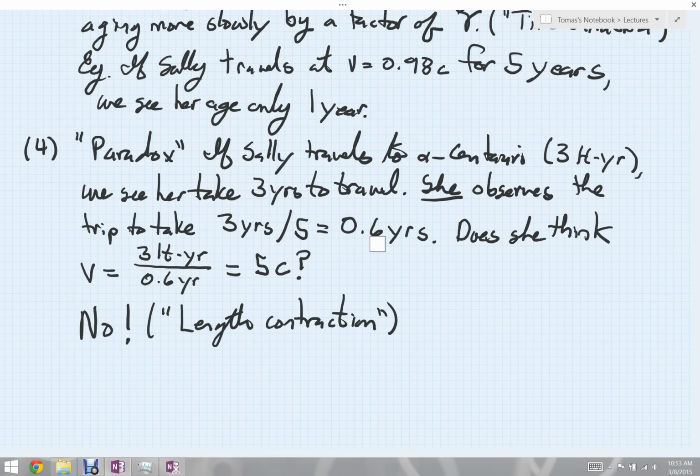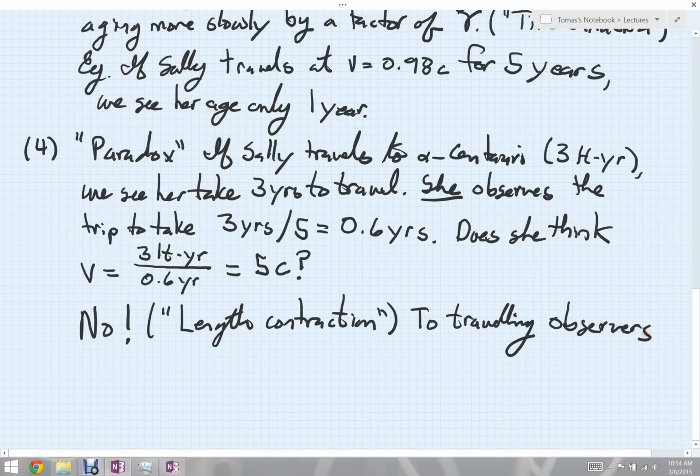This length contraction effect says that to traveling observers, and by traveling, again, in relativity, you always have to be careful. Something's always traveling compared to something else, right? By traveling, I mean that they are moving past some stationary milestones.